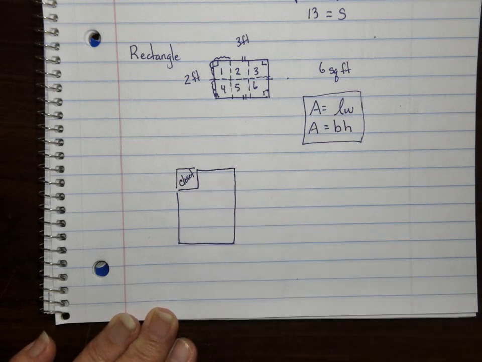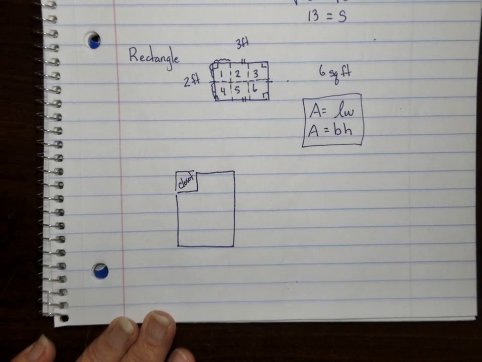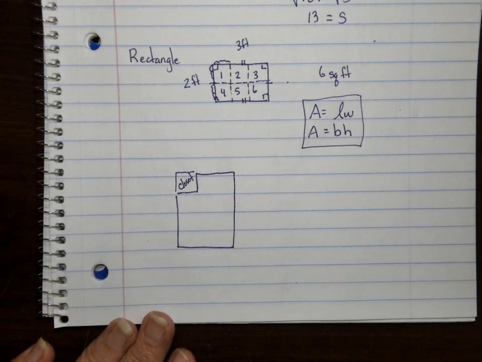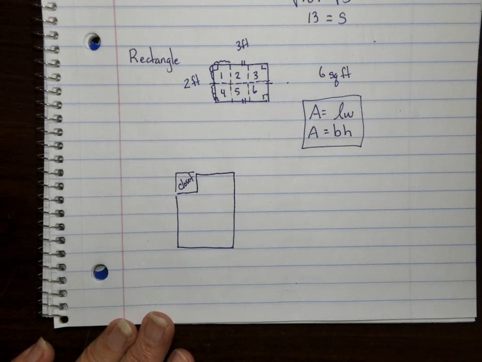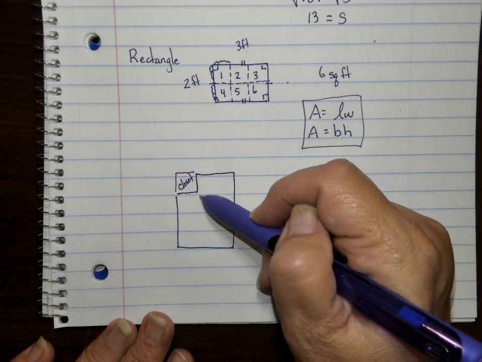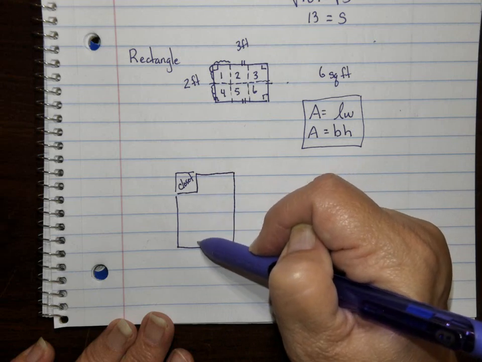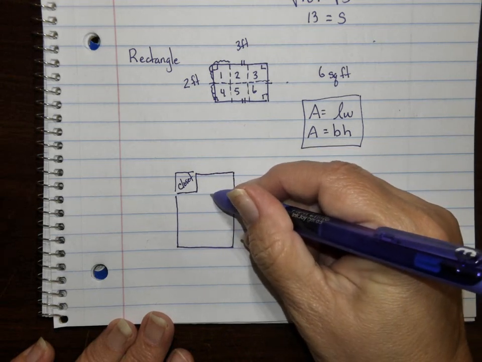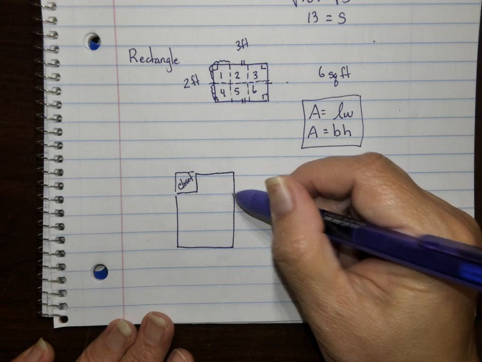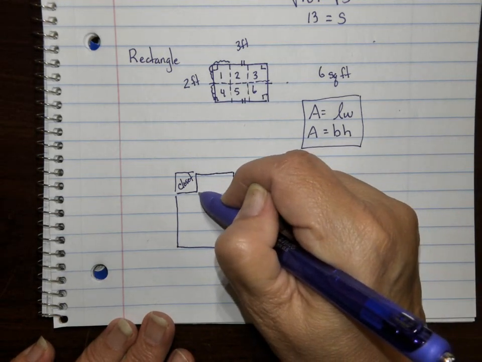But back here is a closet. You're not going to put any carpet right there because the closet is touching the floor. So if you wanted to know how much carpet we needed, you see that you can break this room down into 2 different rectangles. Some of you might see it broken down this way. Some of you might see it broken down this way. You could do it either way. I'm going to break it down like this.